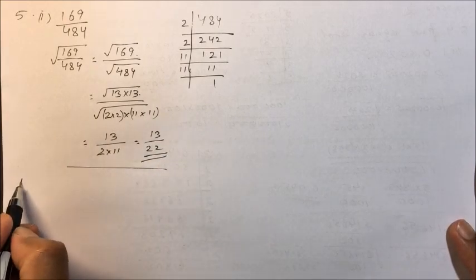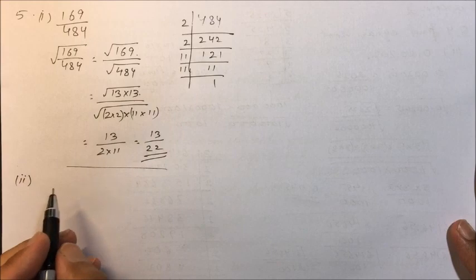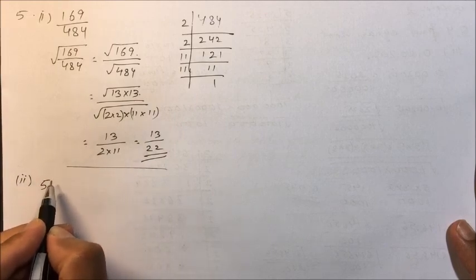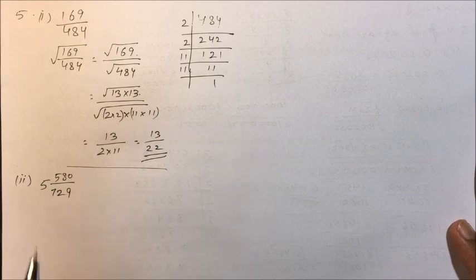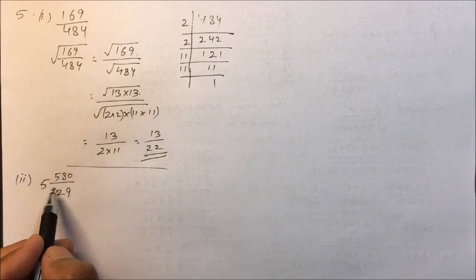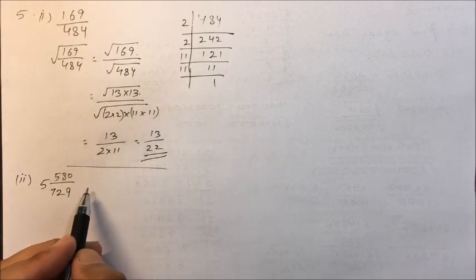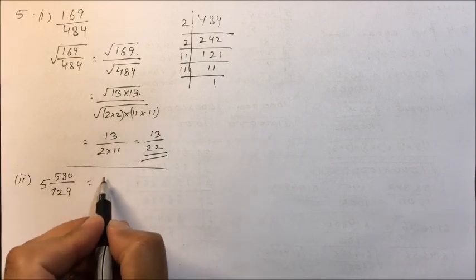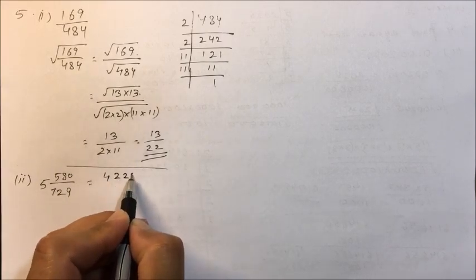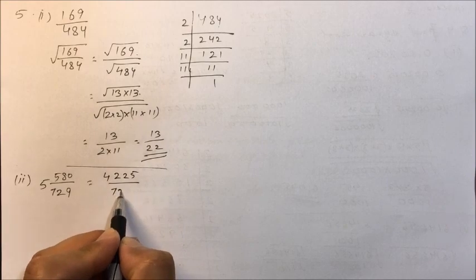Now I'll be taking second. Second is 580 divided by 729. So first we will convert it into improper fraction. It can be written as 4225 divided by 729.